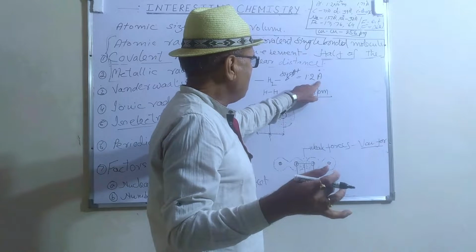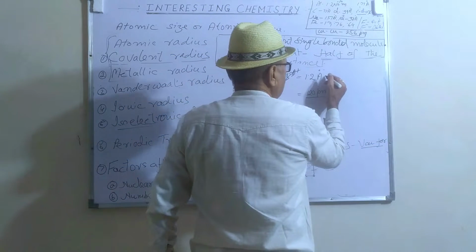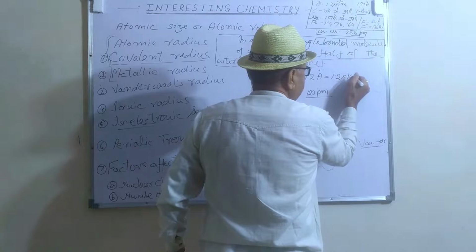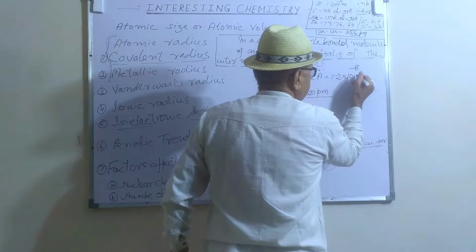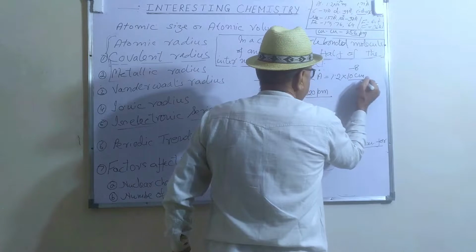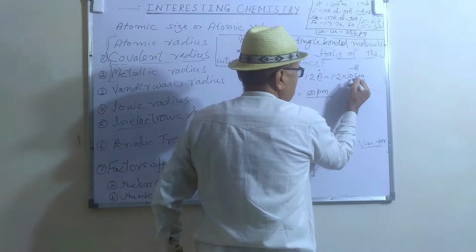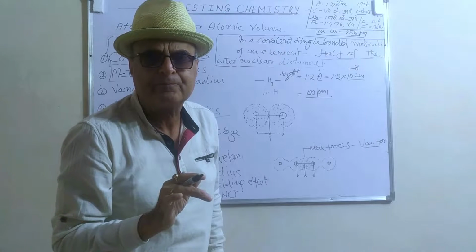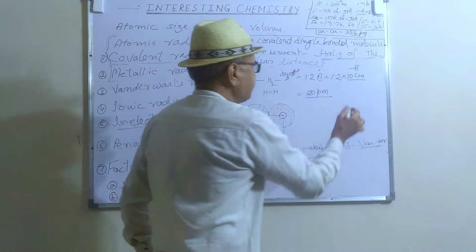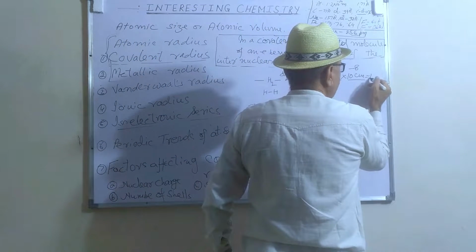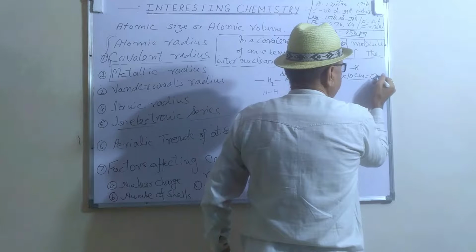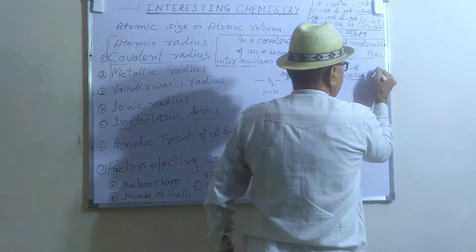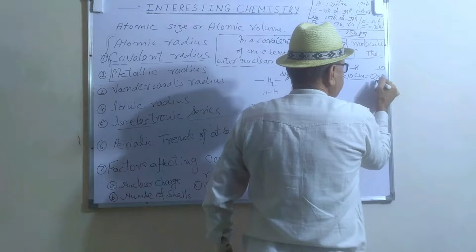This is angstrom. 1 angstrom is equal to 10 raised to the power minus 8 centimeter. Again I can write here 1.2 into 10 raised to the power minus 10 meter.